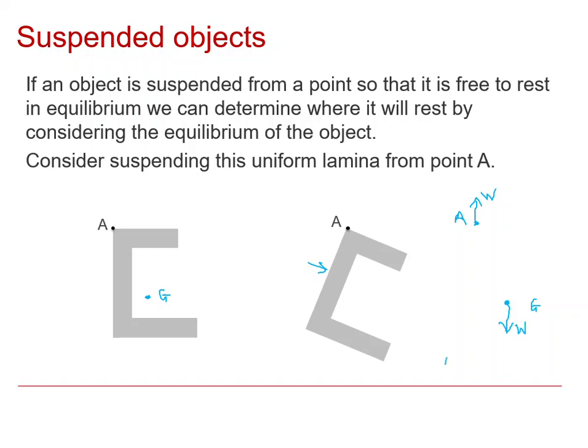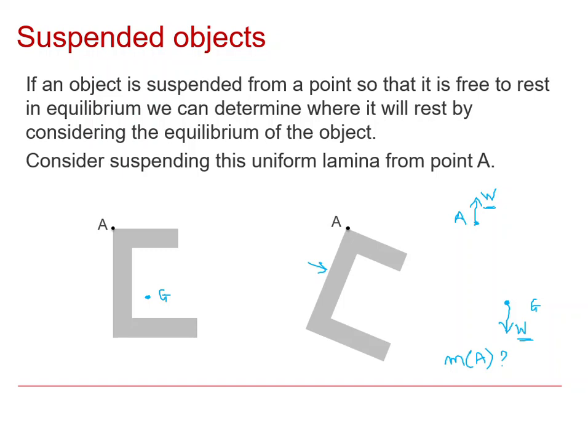Now if you were to take moments about A, then you would find that the force W which acts at A has no moment, but the force W which acts at G certainly does. And that means we've got a situation where the moments are not zero, so it can't be in equilibrium.